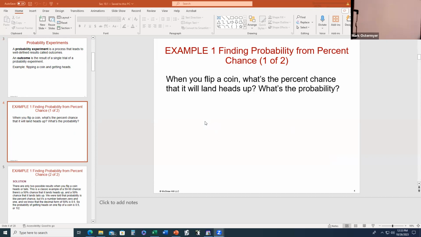Now, a fair coin is sometimes called an unbiased coin. A fair coin is one in which the chance of flipping a head is equal to the chance of flipping a tail. All right. If your coin is weighted in any way, then that statement is not going to be true.